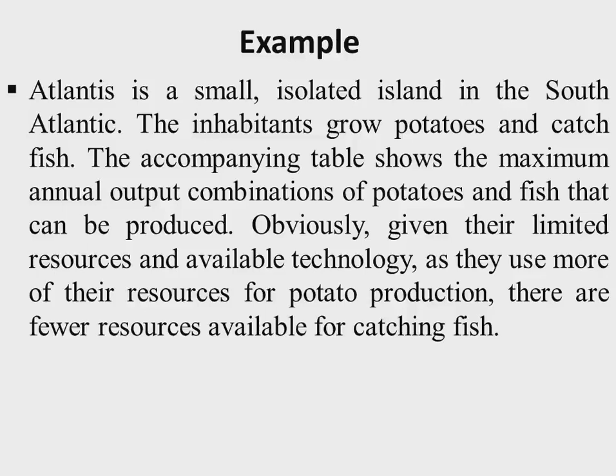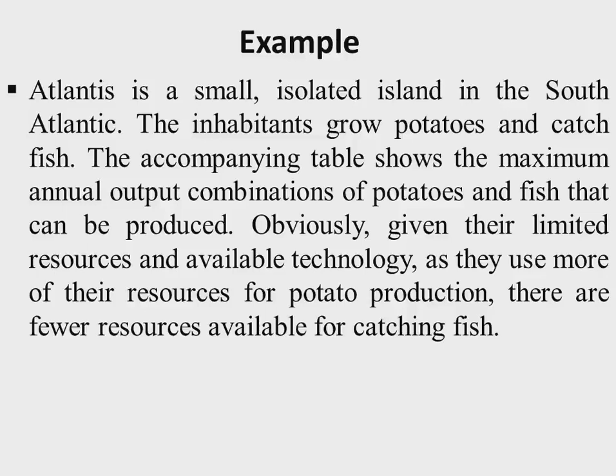Atlantis is a small isolated island in the South Atlantic. The inhabitants grow potatoes and catch fish. The accompanying table, which I'll show you on the next page, shows the maximum annual output combination of potatoes and fish that can be produced.